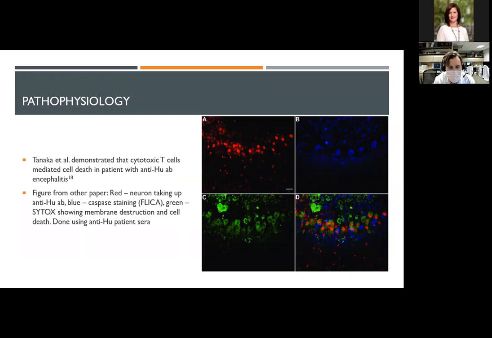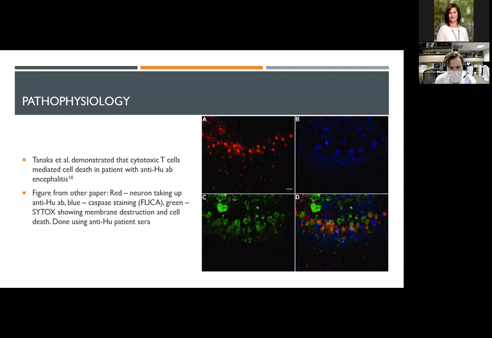In the top left, the anti-Hu antibodies are being taken up by these cells, and then the caspase staining in blue and the cytox staining in green show that they're being attacked by T cells, and therefore the membranes are opening up and they're dying.